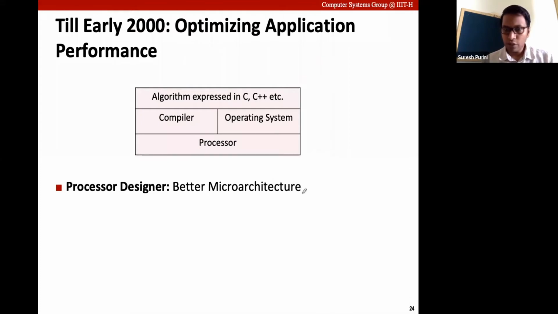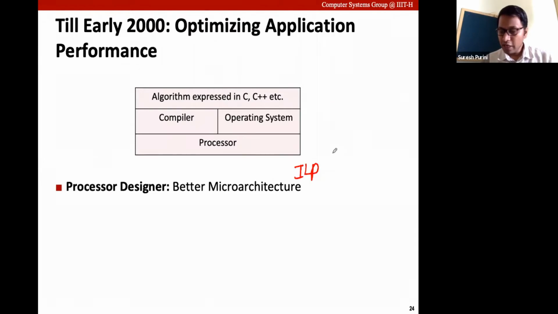Here, coming up with better microarchitectures means they use two or three techniques. Number one is by making use of instruction level parallelism, ILP. ILP stands for instruction level parallelism.